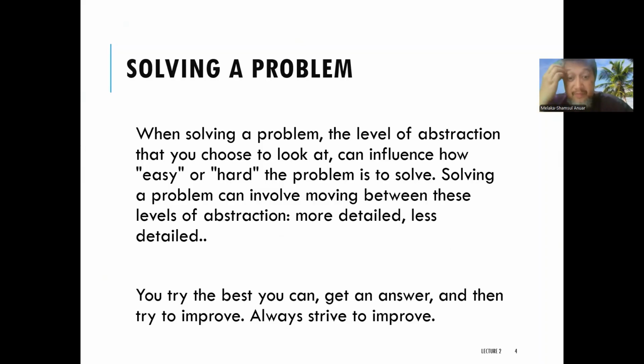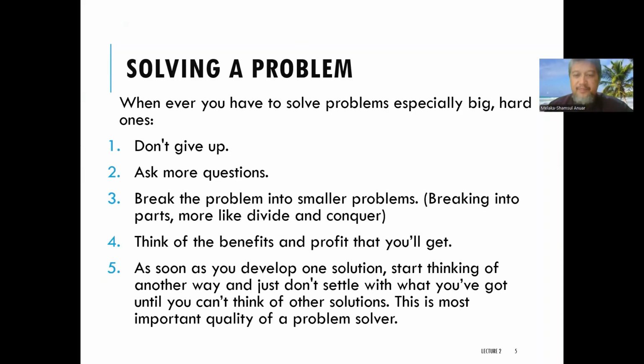Solving a problem can involve moving between these levels of abstraction, more detailed, less detailed. So you choose, or maybe your client has to choose. You try the best you can, get an answer, and then try to improve. Always strive to improve. Okay, that's cool advice.